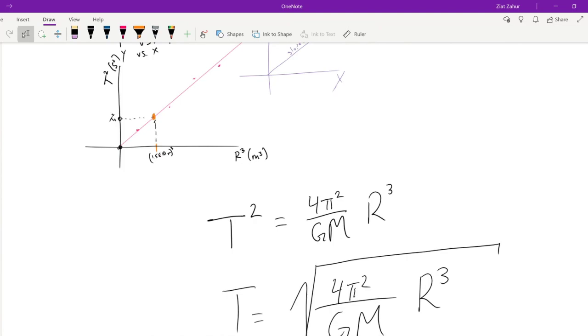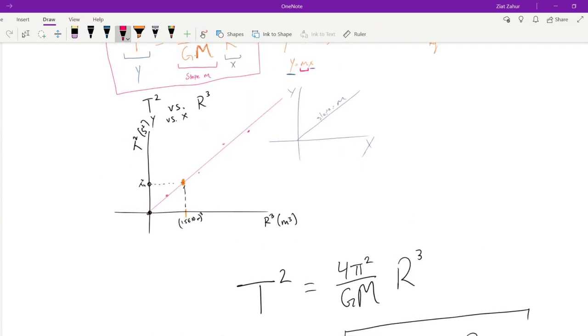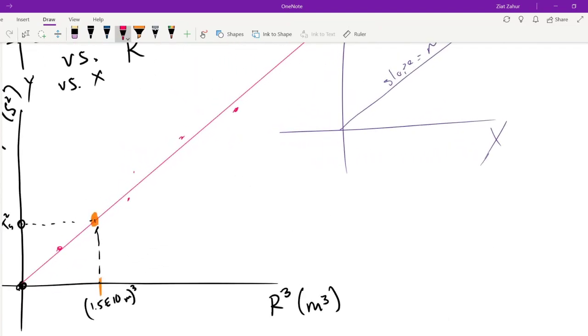Or the other option, similar to what Emma was alluding to, is that you can find the slope of the trend line. To find the slope of the trend line, remember, you want to use points from the trend line, not the actual data points.